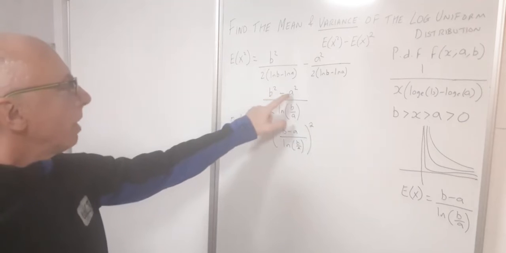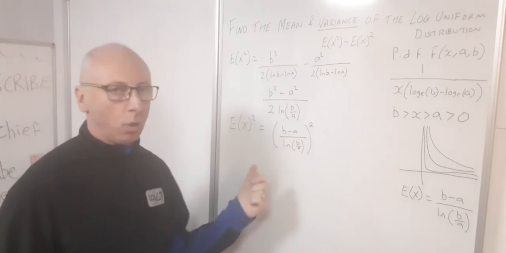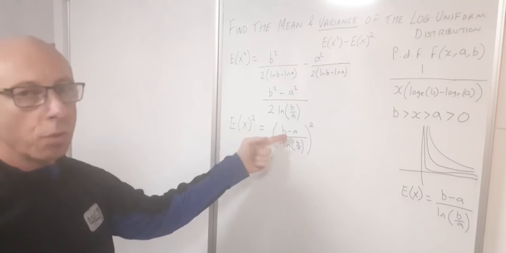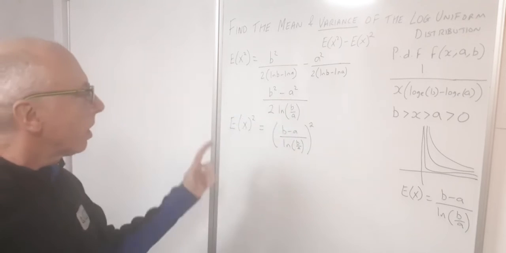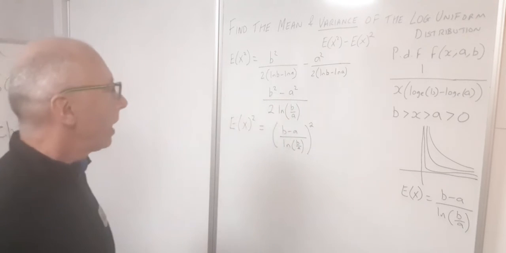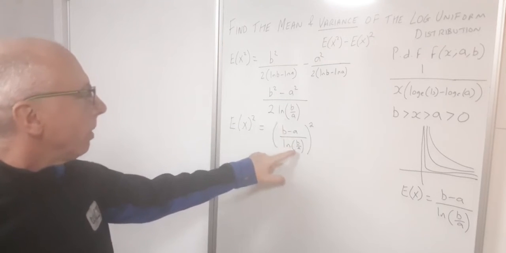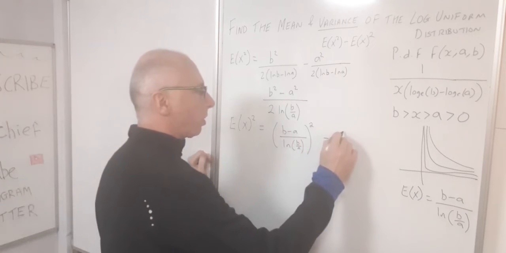Okay, now b squared minus a squared is not the same as b minus a all squared. b minus a squared is b squared minus 2ab plus a squared. So that's not going to be the same as that. So we can't amalgamate those terms anyhow. And here we've got ln b over a and ln b over a squared. So let's just see if there's anything we can do with that.